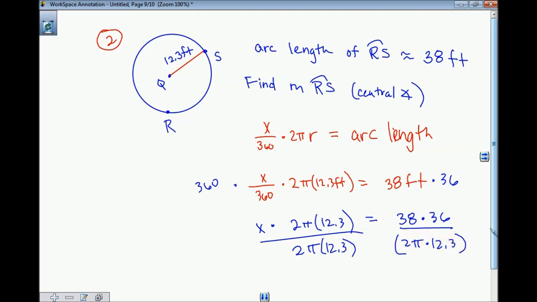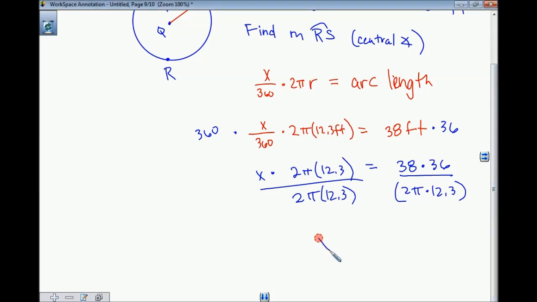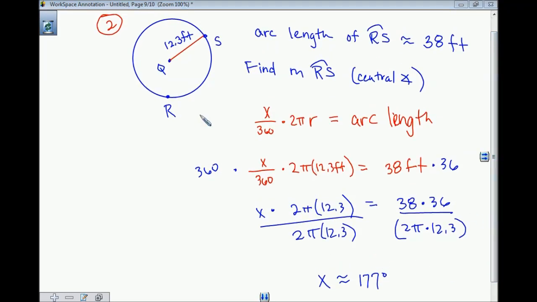So you would want to put it in parentheses. And when we do this, we should get the measure of that central angle is approximately 177 degrees. So if the measure of the central angle is 177 degrees, then the measure of that arc is also 177 degrees. So the measure of arc RS is 177 degrees.